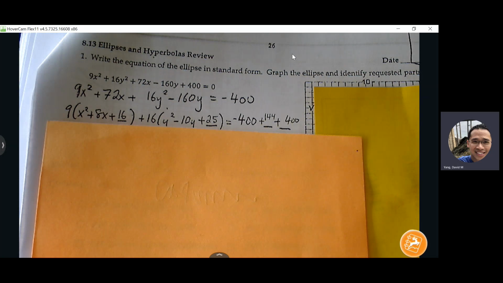A GCF of 9 comes out on the x side of things. 16 comes out as your GCF for the y's.